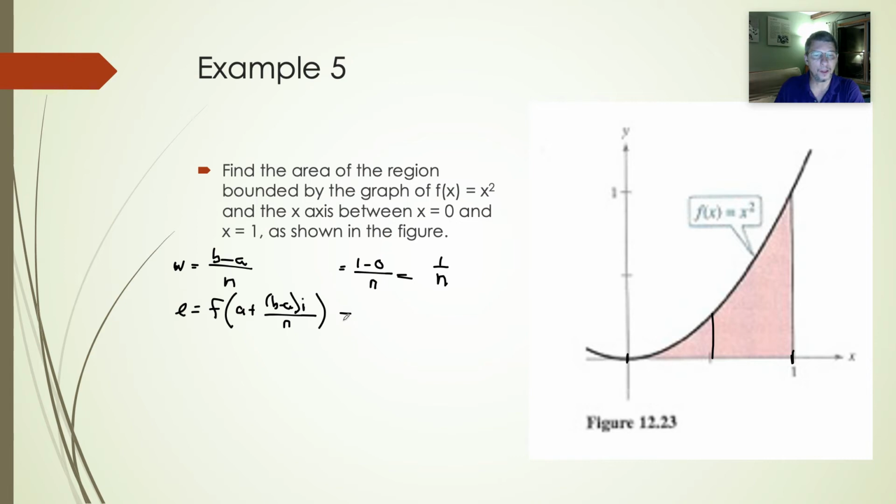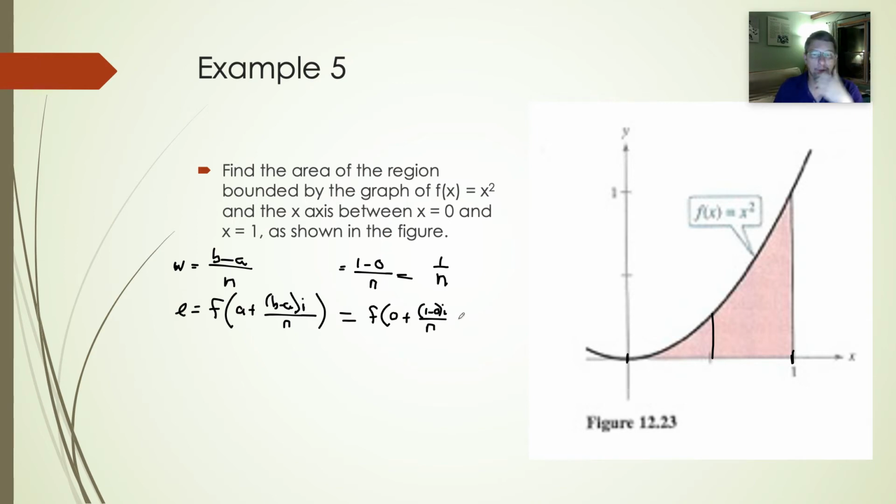So there's the width, which is obviously just 1 over n. Okay, the length is going to be f of 0, that's the a value, plus 1 minus 0 times i, divided by the value of n, which is i over n.